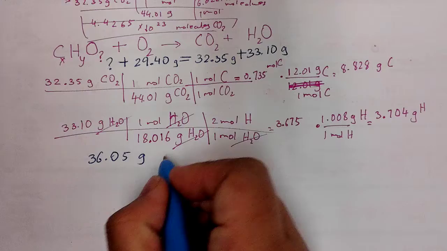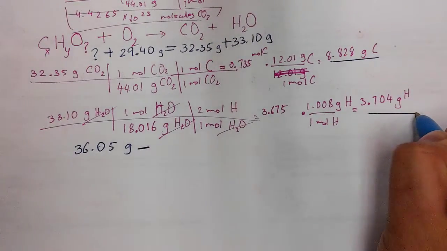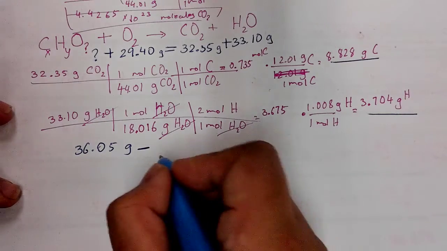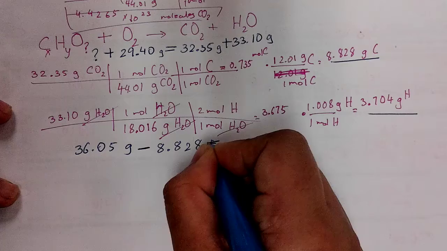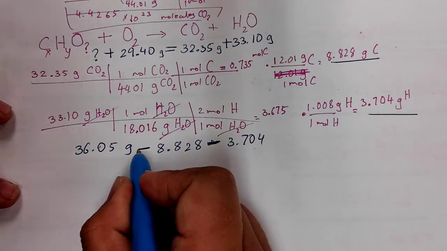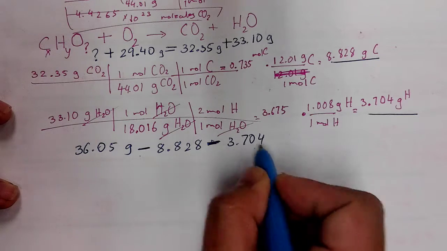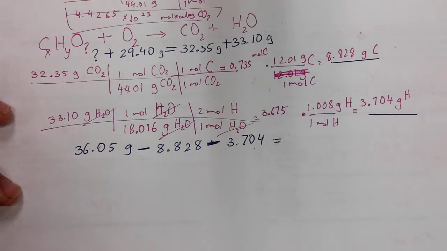So what I'm going to do now is subtract the mass of carbon and the mass of hydrogen to see if there's any oxygen there. Either you do minus, minus here, or you can say minus parenthesis this plus this. Either way. Make sure you're entering them correctly.